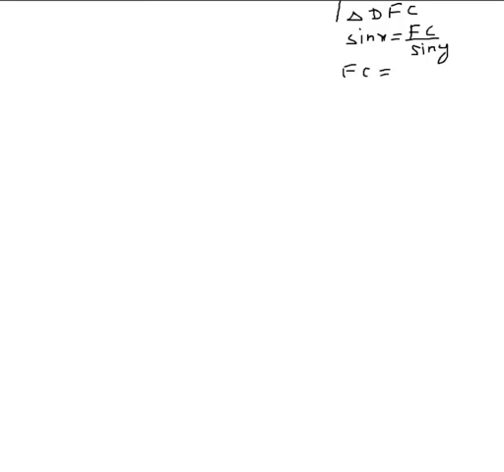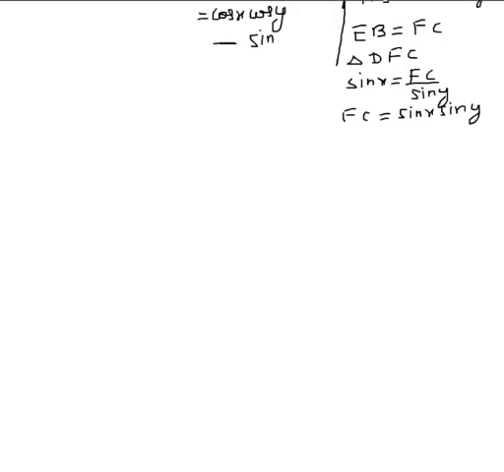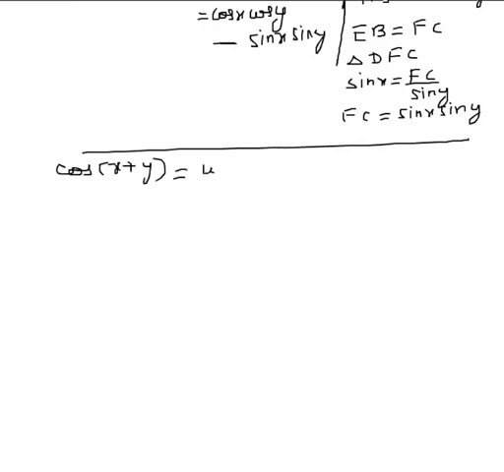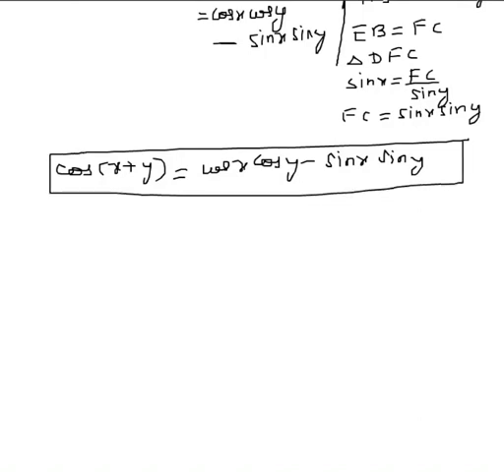Cross multiply, you get FC length, sin x into sin y. So FC and EB are same, sin x into sin y. So that's how we get the formula cos of x plus y is equal to cos x cos y minus sin x into sin y. Similarly, we can find from this sin of x plus y also.